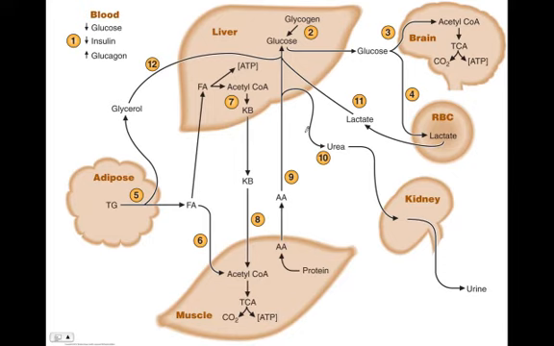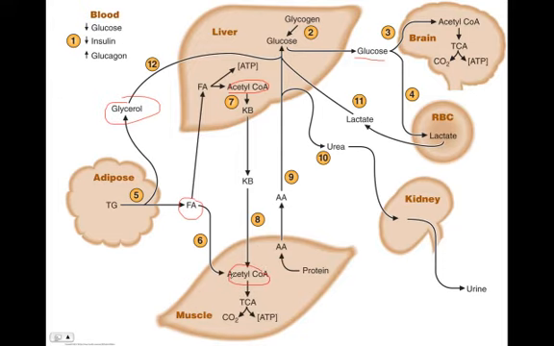The interaction of these pathways under fasted state conditions is summarized here, where again, lipolysis from the adipose supplies free fatty acids and glycerol. The glycerol can be used as a substrate for gluconeogenesis to sustain blood glucose, and the free fatty acids can be used as an alternative energy source by both the skeletal muscle and the liver, where they're beta oxidized to generate acetyl-CoA.